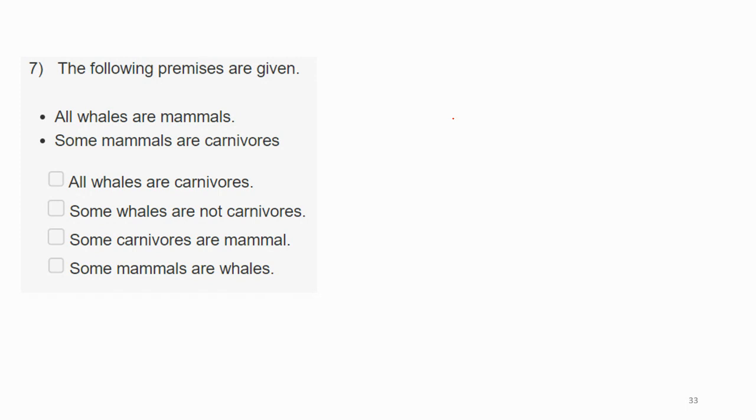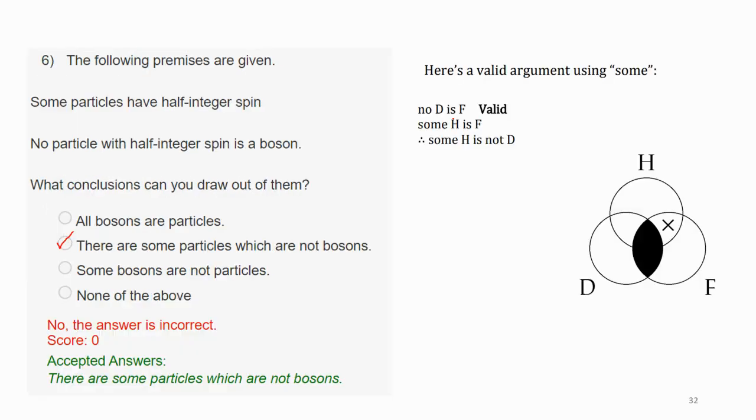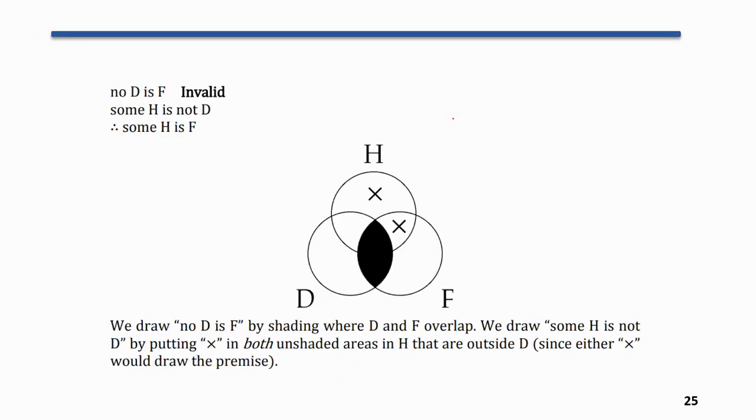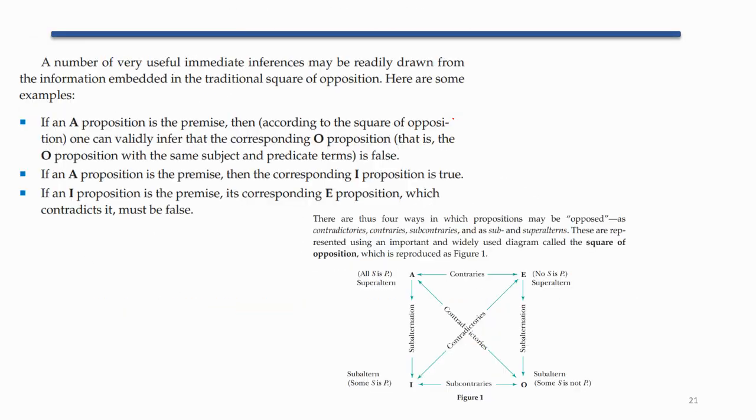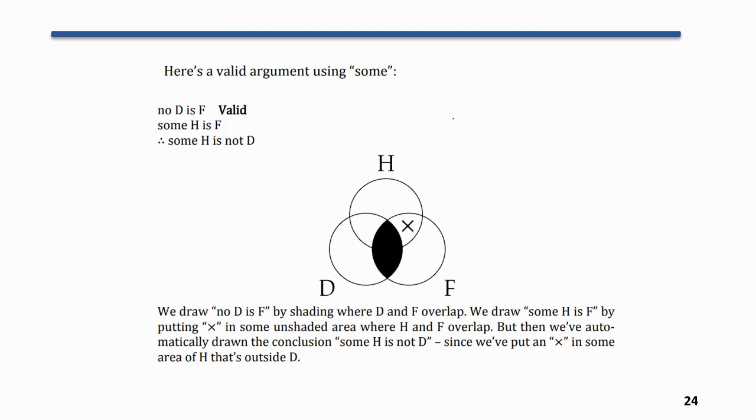In case of some, the overlapping portion will be designated with a cross. So if I go back quickly, if you look here, some H is F, right?